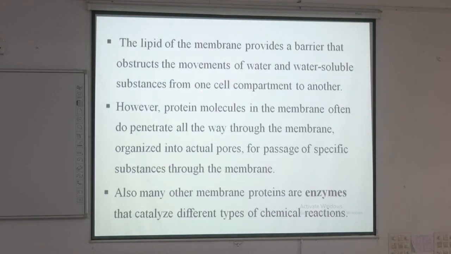Protein molecules in the membrane often penetrate all the way through the membrane and organize into actual pores for passage of specific substances through the membrane. So this means the membrane is a specific transport system.